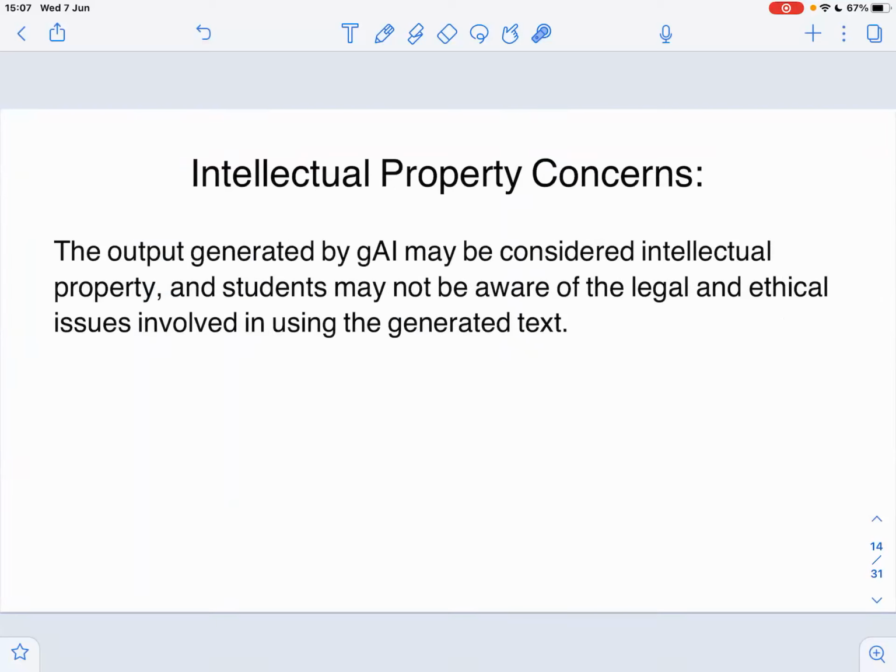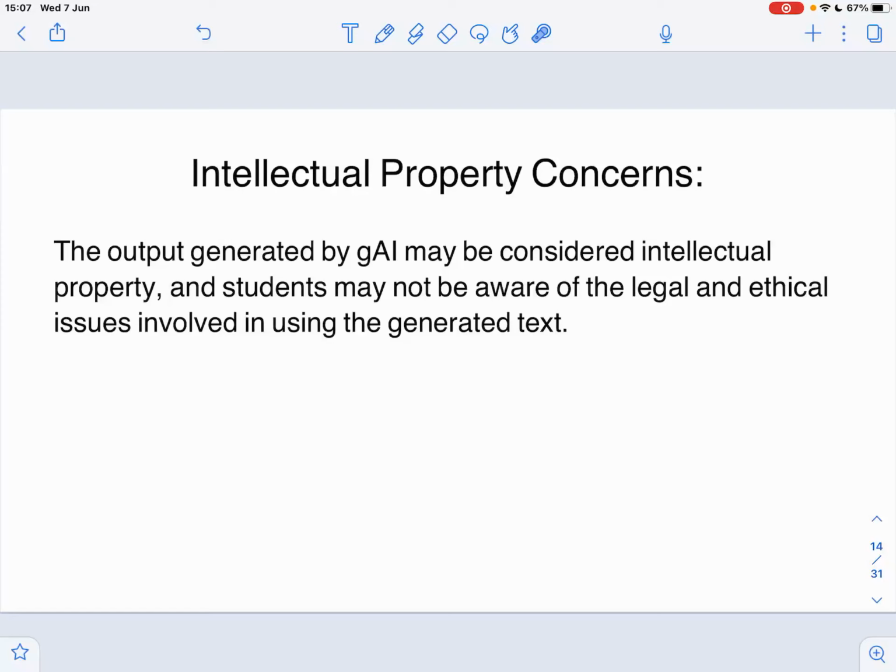Now, I'm not an IP lawyer, so whatever I say, please take with a pinch of salt. But my understanding of IP rights is that you can only hold intellectual property rights if you are human. So a picture that is painted by an elephant does not belong to the elephant.